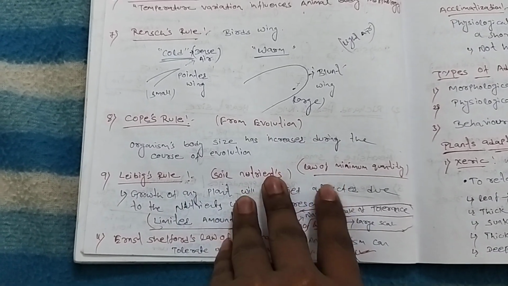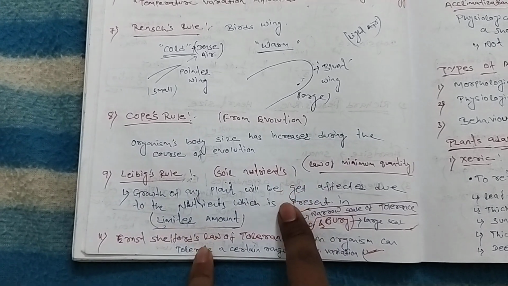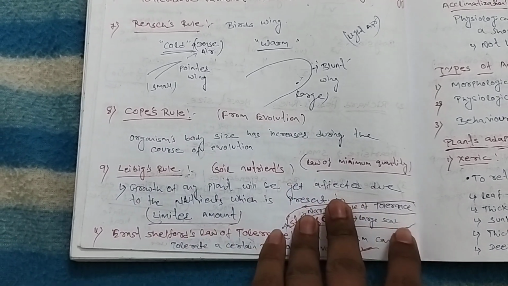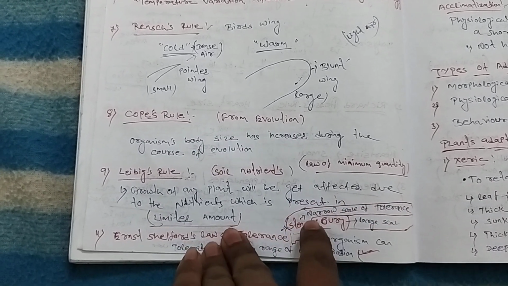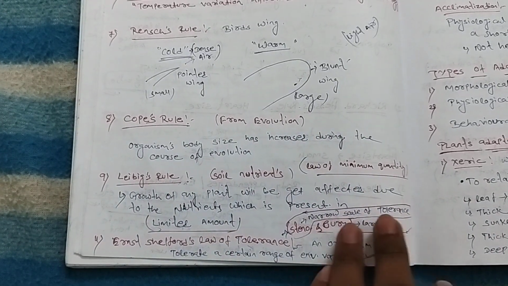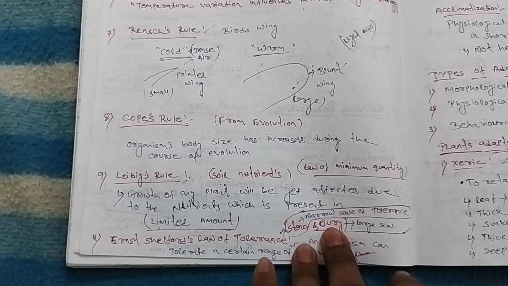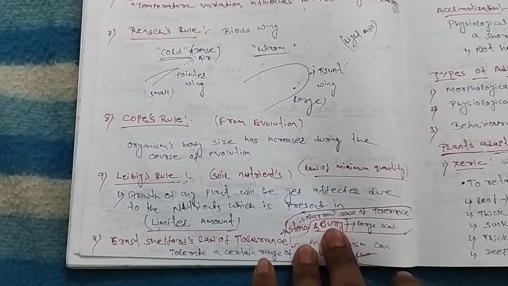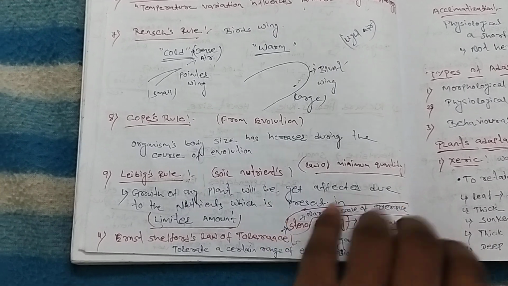It is also called the law of minimum. It says that growth of any plant will get affected by the nutrient which is present in limited amount. That means the plant requires many nutrients for its growth, so the growth of the plant is affected by that nutrient which is present in a limited quantity, less than the optimum.